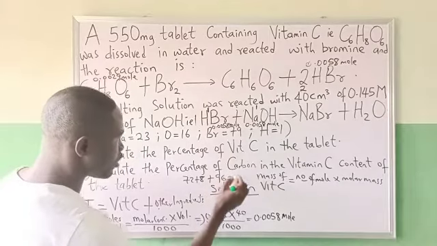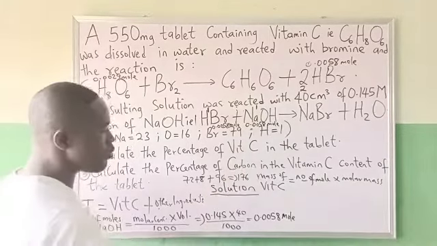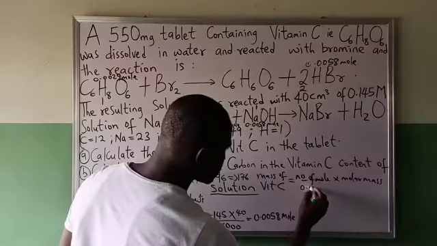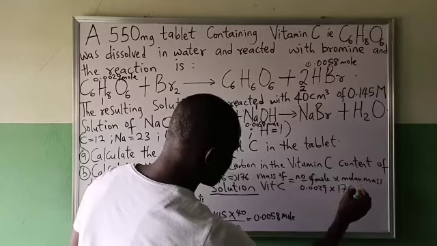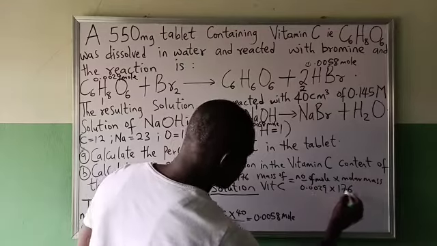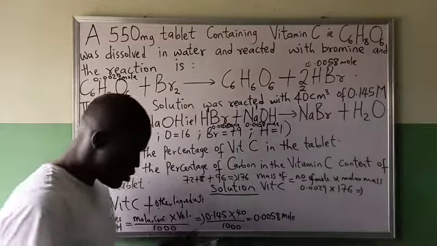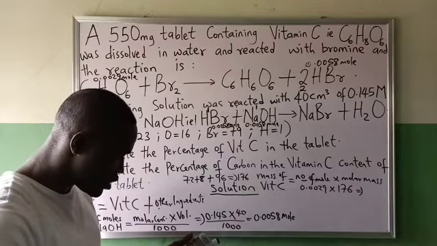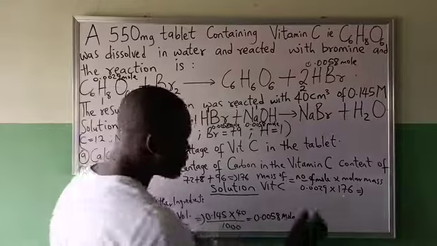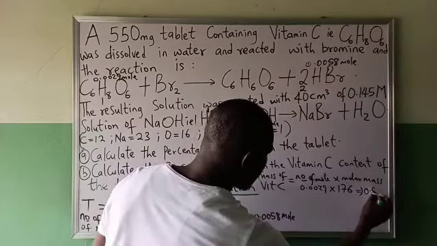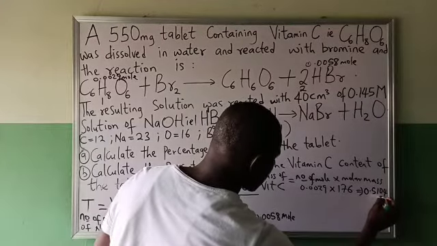That will give us 176 gram per mole. So we now say 0.0029 times 176 gram per mole. What will it give us? Okay, 0.0029 times 176 will give us 0.5104 grams.